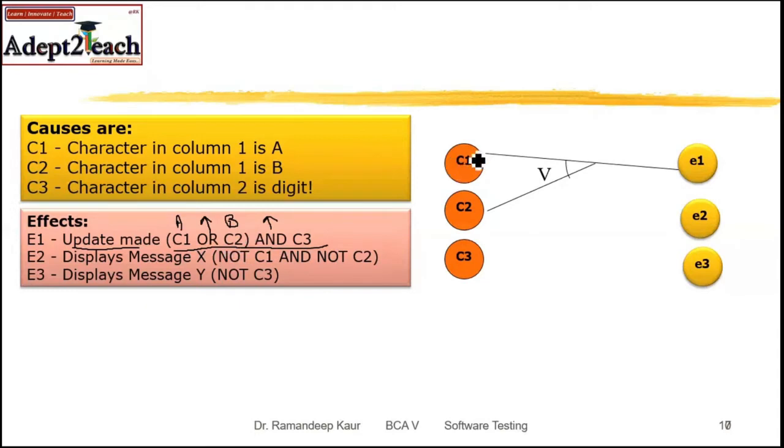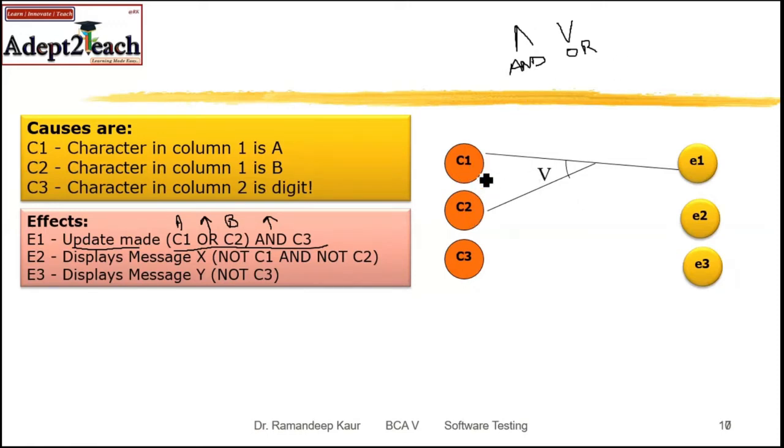That means I have made 2 lines from C1 and C2. Here I have marked the OR operator. This is for AND and this is for OR. If the operator seems confusing to you, you can use AND or OR instead.